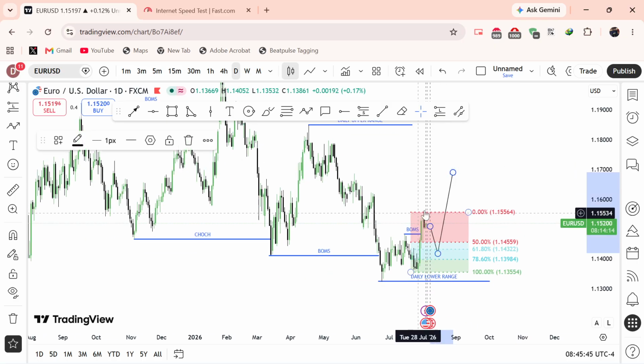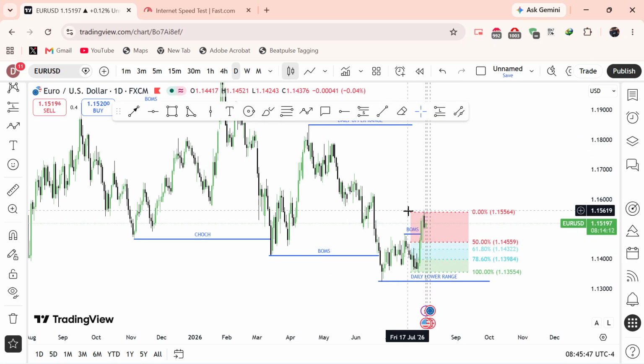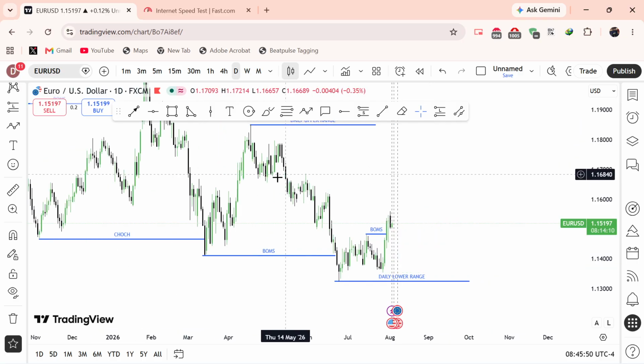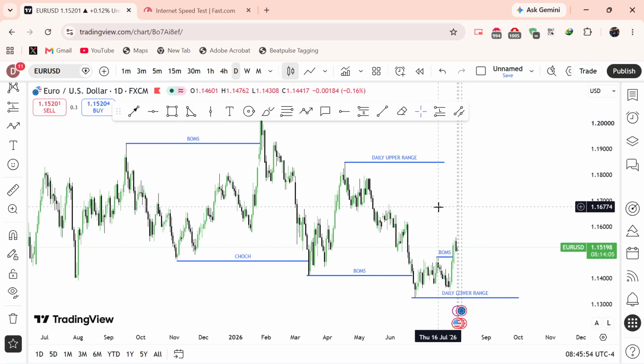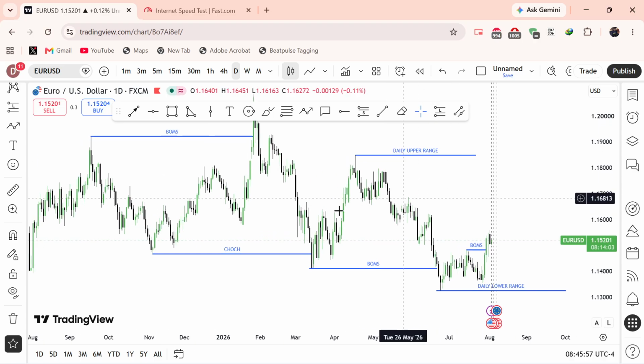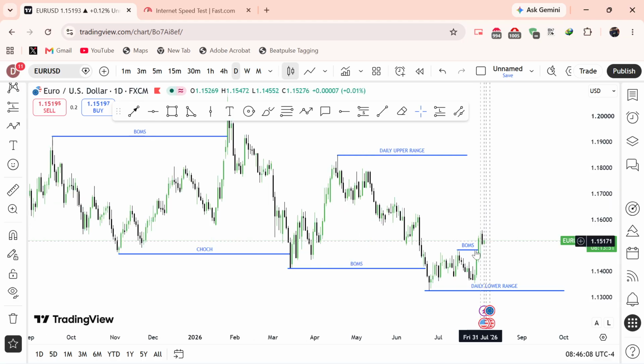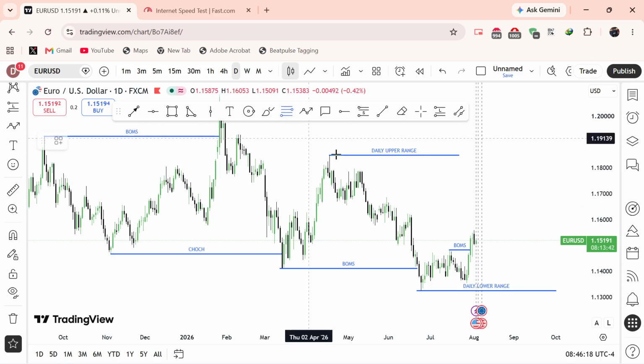Additionally, you can see on the bigger picture, like what has happened in the previous data, after taking out this low, we had the market immediately pulling back. So there's a likelihood that after the market has taken out this liquidity, this was the low, this was the liquidity, there's a high chance that we could get a pullback. So where could the pullback come to end?